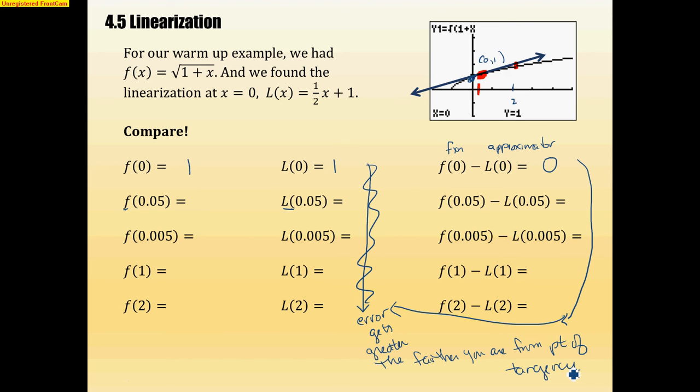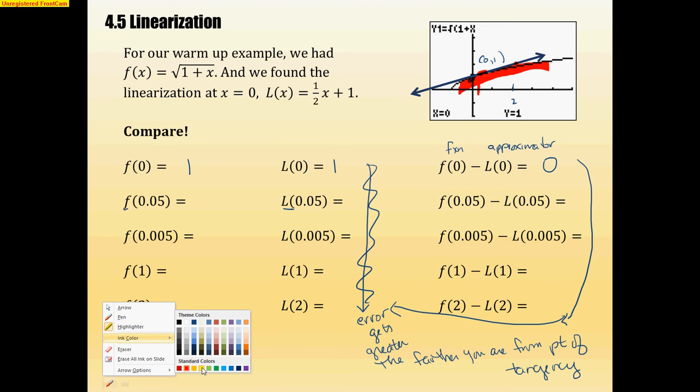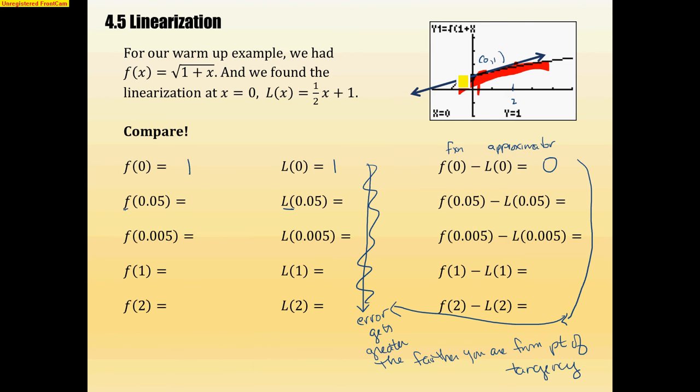Another thing to note was that the function values were always below the line. Do you agree with that? The function values were always below the line. So does it surprise you that the error values were all negative?